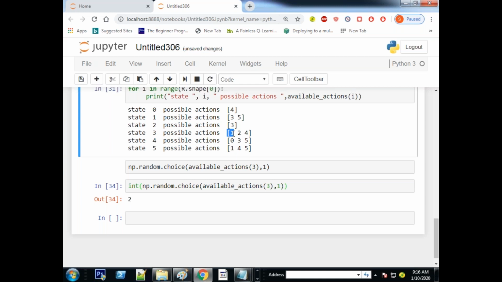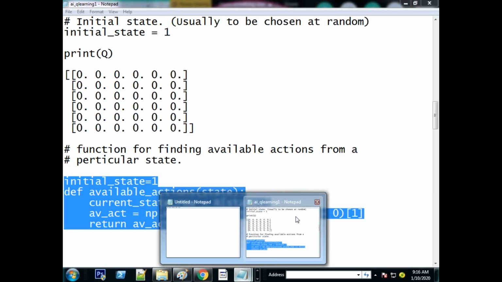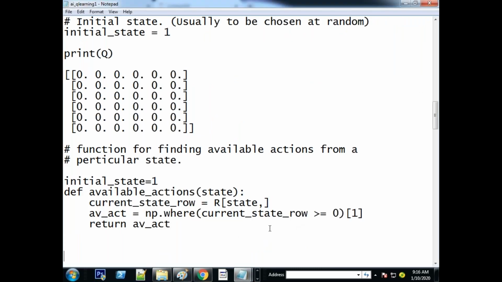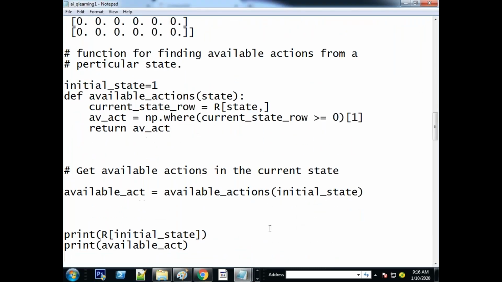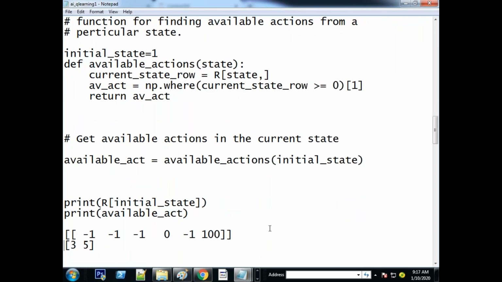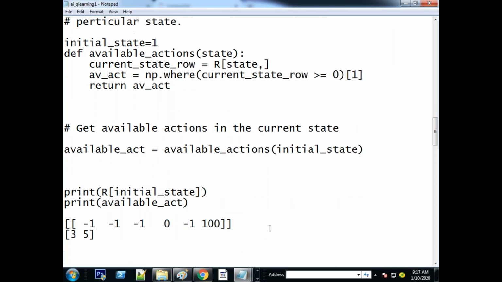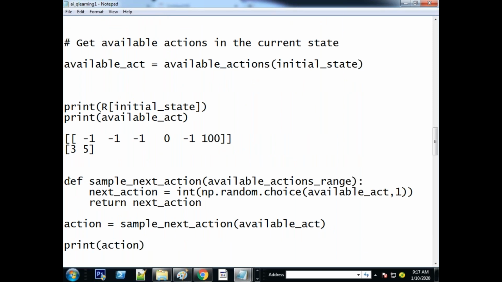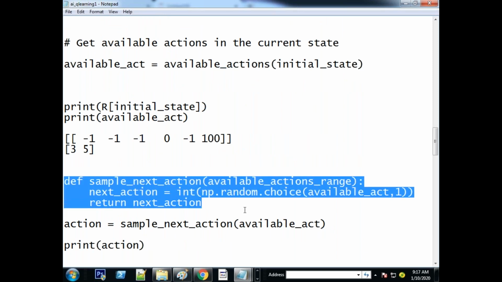So now, to choose one of the possible actions, we will develop one more function. What is that function? We will see. First you take this function.